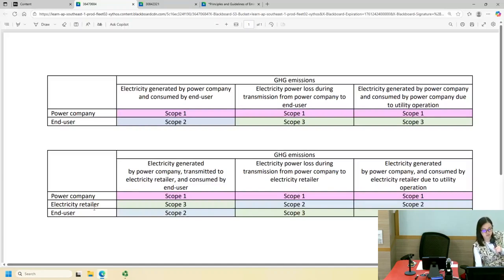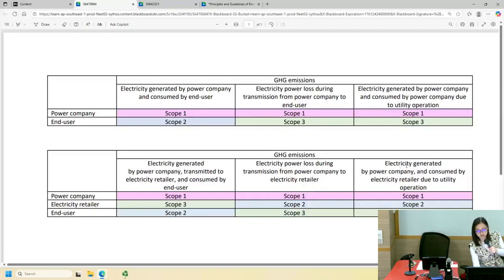And for the retailer, for CLP, this power loss would be under scope 2 because it is like the electricity consumed by the retailer when they buy the electricity. So it would be reported under scope 2 when you are reporting for the electricity retailer. And then if you are the end user, this transmission loss would be the other indirect, so scope 3.